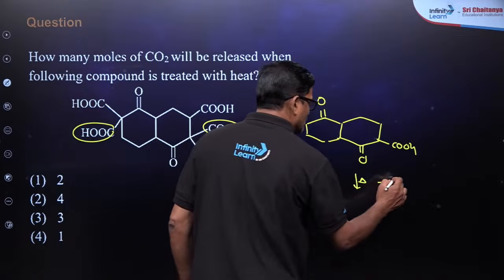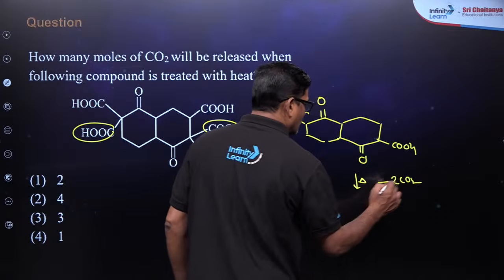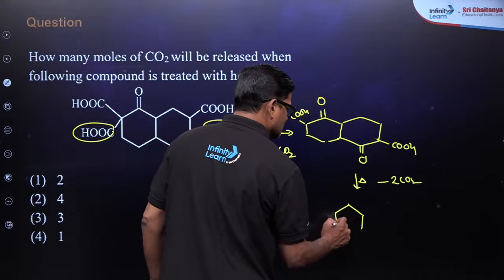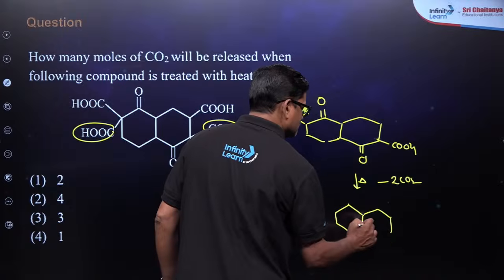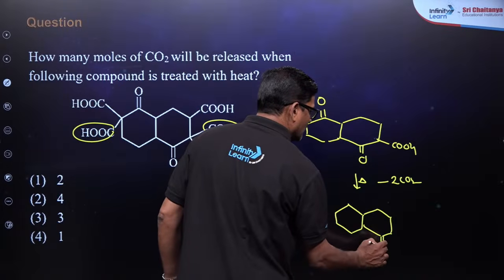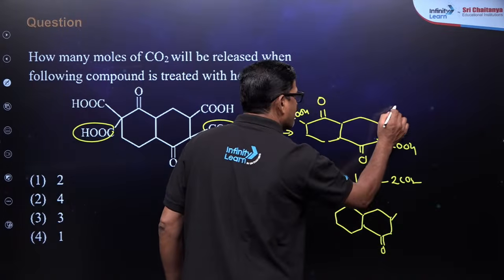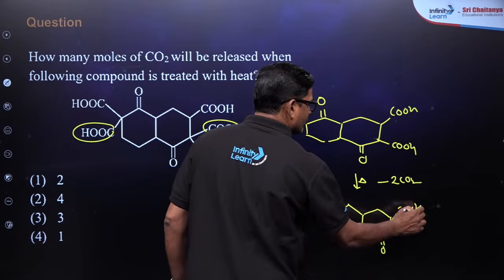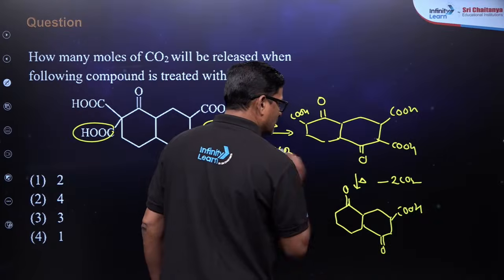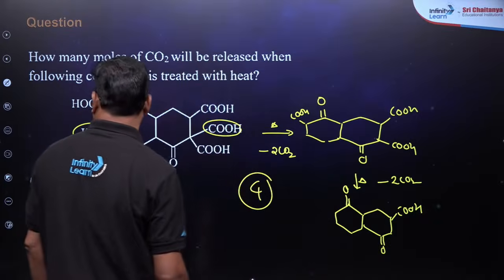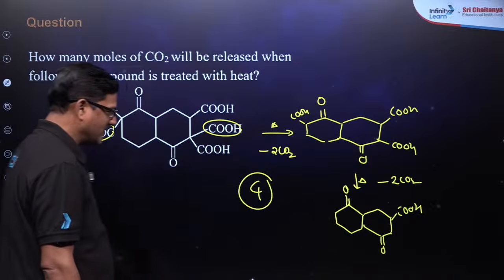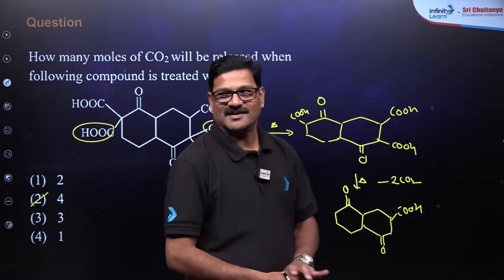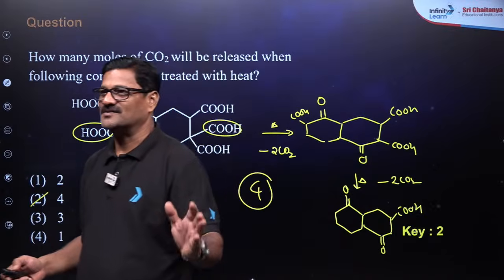You are going to get 2 CO2, and this is double bond O and a double bond O. So total 4 are eliminated. My answer is option 2, the correct answer for this question.